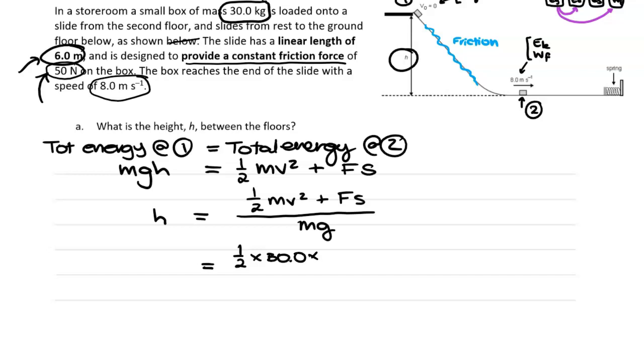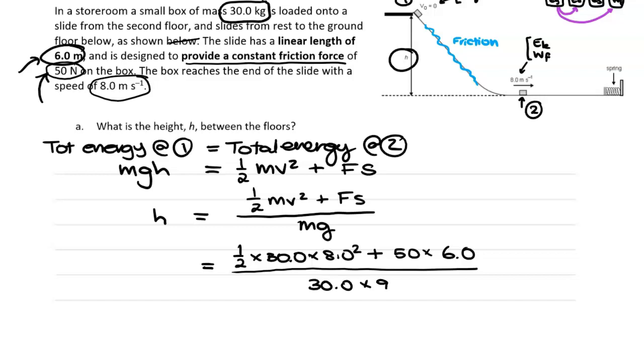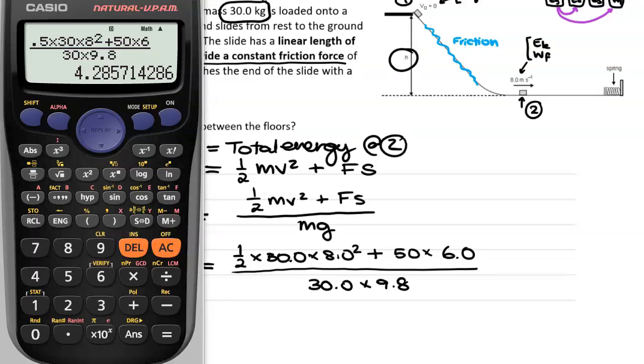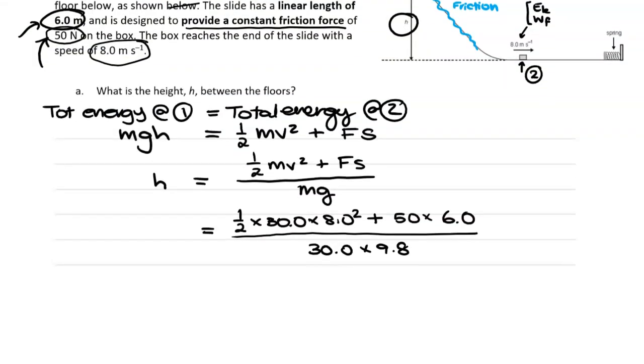The velocity at the bottom was 8 meters per second. The force of friction was a constant 50 newtons, and it was 6 meters it was applied over. Remember, we can only use work equals Fs when we have a constant force that's doing work. M times g. Let's calculate. Alrighty, double check on your calculator, but I get a height to 2 sig figs of 4.3 meters.